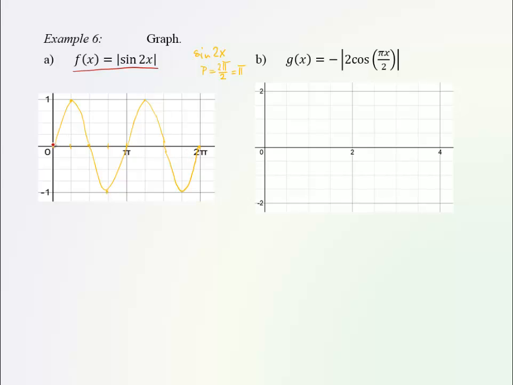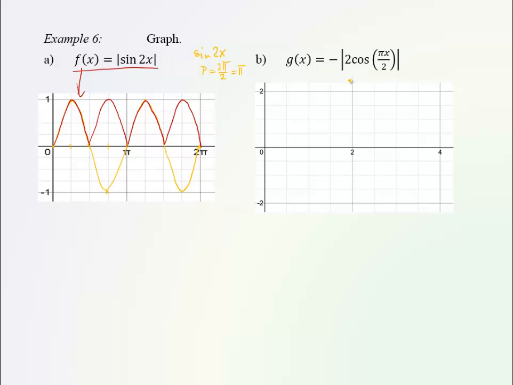That means everything that was positive stays in the same place. But if something was negative, now it will become positive. It will be flipped up. So we'll have bumps like that. So that's the final graph of our f function, the red one.